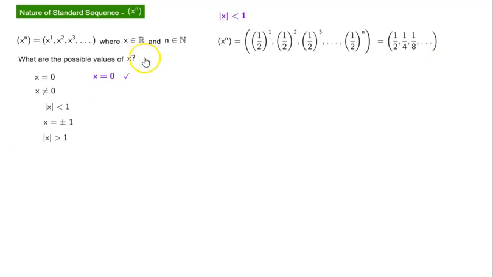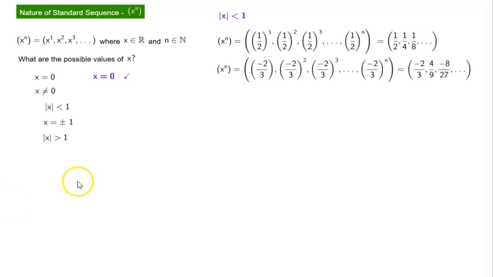Or, remember, in this case, x can be negative as well. So, if we take x as -2 by 3, then we get this sequence: -2 by 3, 4 by 9, -8 by 27, and so on.